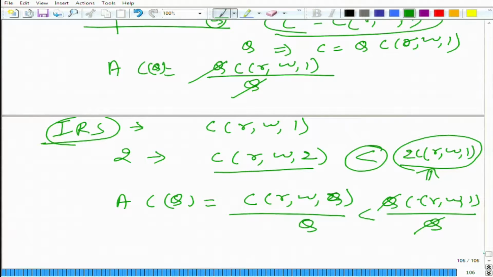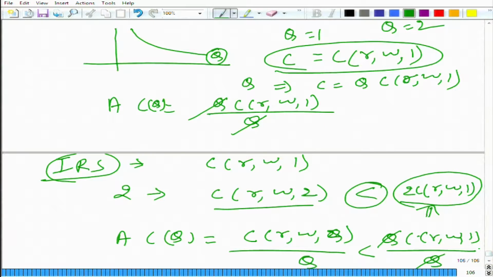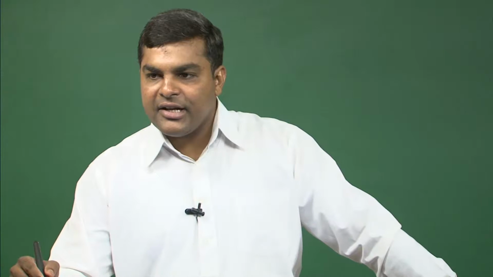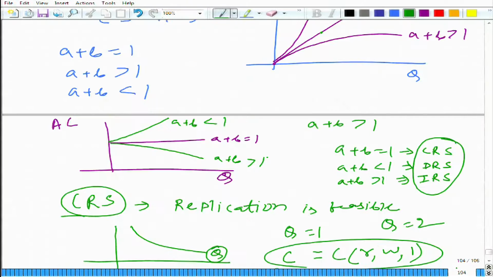So, if we take this logic further, what will happen to average cost? It will keep on decreasing, because we have better and better technique to produce. Is it clear? So, that is what we get when we have increasing return to scale, average cost is falling.